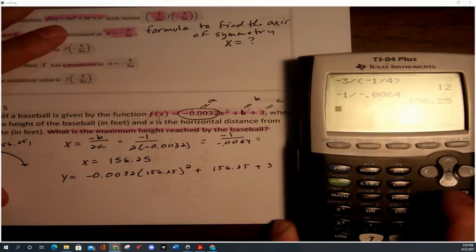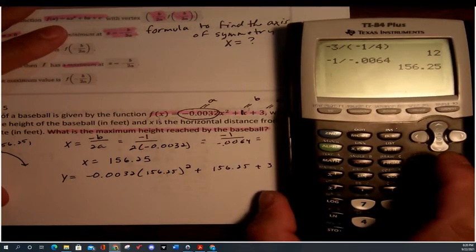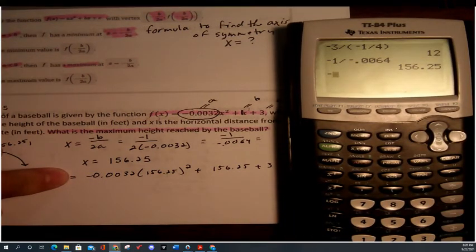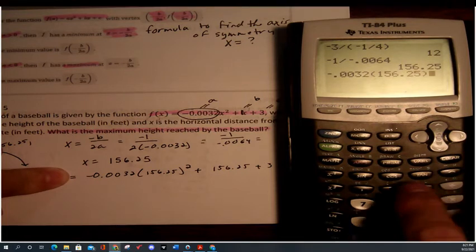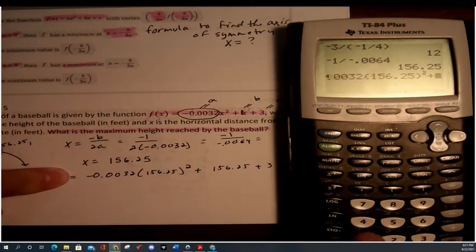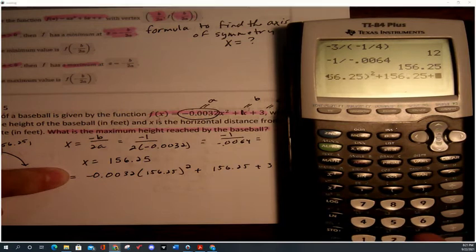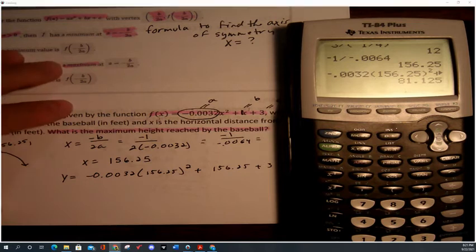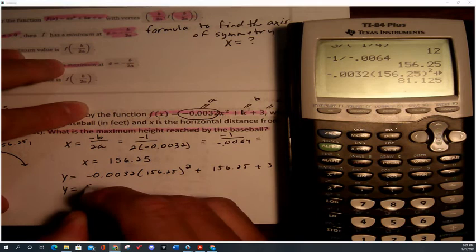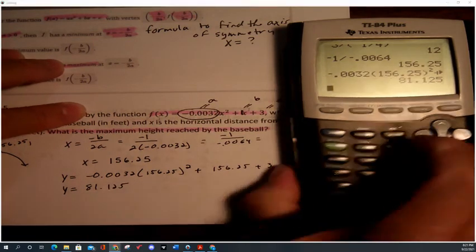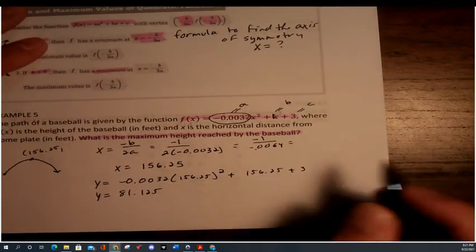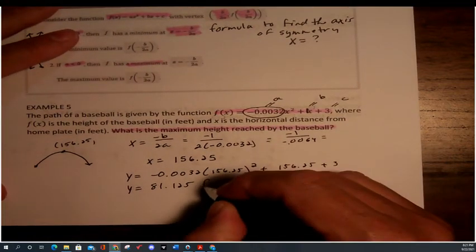Okay, so again, let's just type all that into the calculator. Okay, assuming I typed everything in correctly, my y value is equal to 81.125. That is the maximum value, or the maximum height in feet.